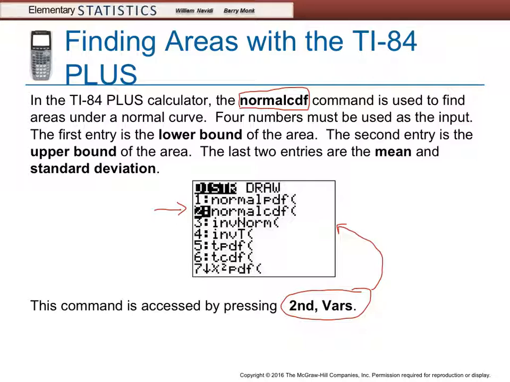When we choose option 2, we're going to input the lower bound of the area. The second entry, we'll put a comma in, and we'll put an upper bound of the area. And then the last two entries, we'll put in the mean and the standard deviation.